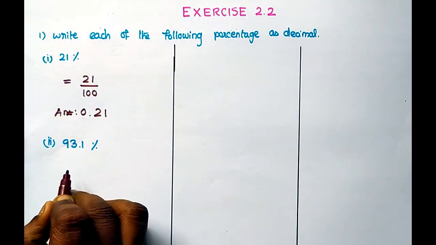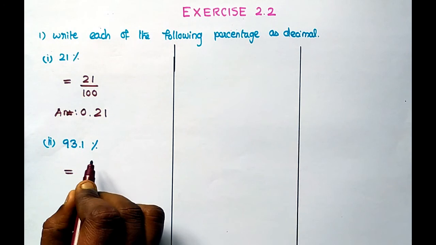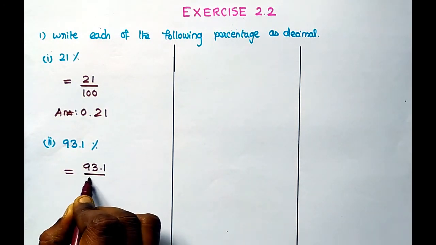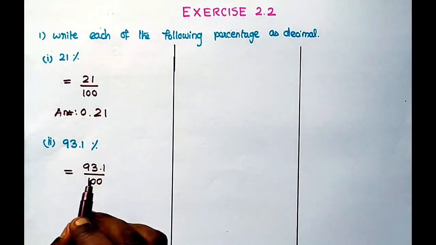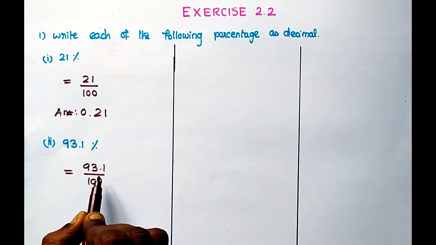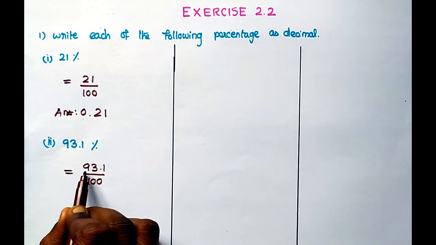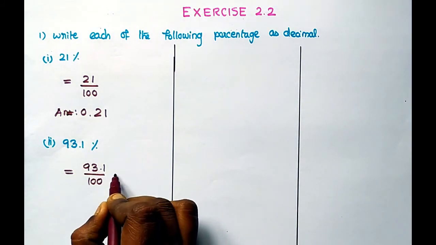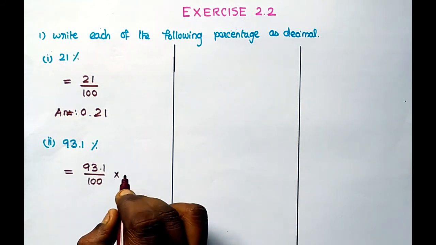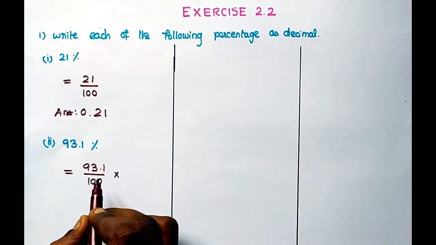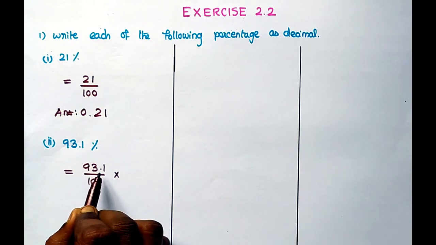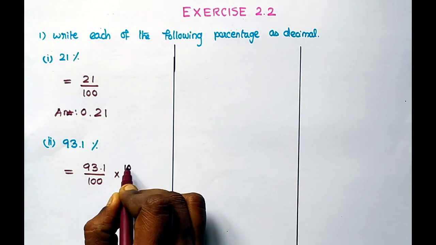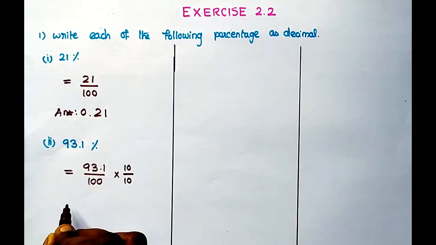Next one, listen. Percentage means out of 100, so write down 93.1 divided by 100. Here in the numerator there is a decimal, so first convert into whole numbers. How will you convert that? After the decimal point, one digit is there, so multiply with 10 and divide by 10.